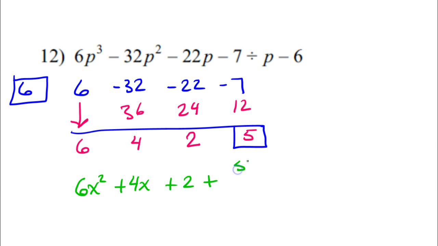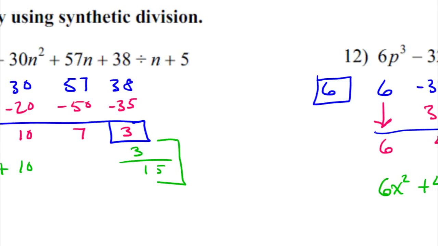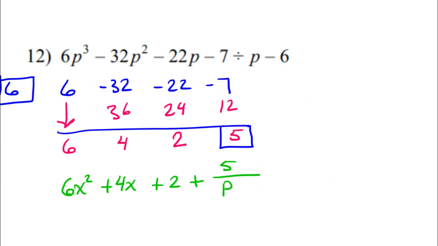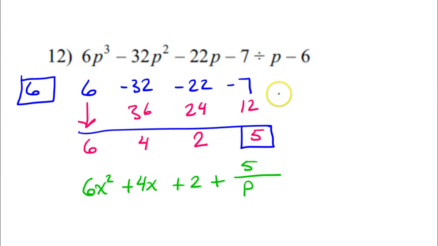So I'll put plus 5 over, whoa, I was supposed to be using p's, not x's. Did I do that over here too? I'm going to have to go back and fix that. Okay, p minus 6. I accidentally put x's in here. But these are p's, so it's got to be p squared and 4p. That's the answer.